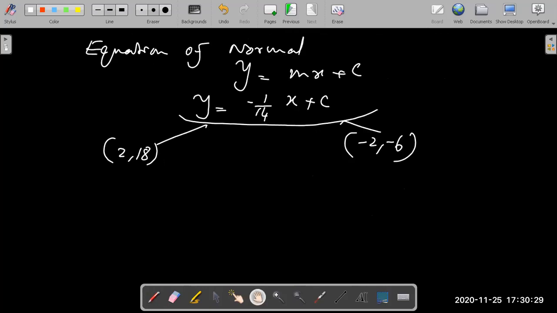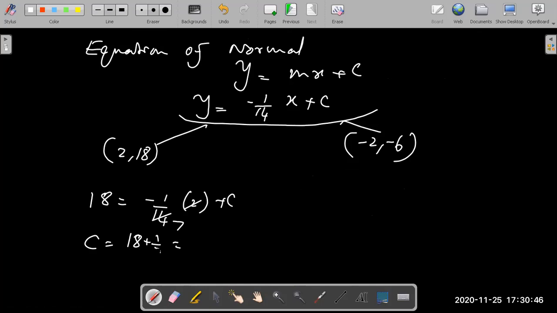When I substitute 2 and 18, I get 18 equal to minus 1 by 14 into 2 plus c. So 2 ones are 2, 2 sevens are 14, so c is equal to 18 plus 1 by 7. That's 18 1 by 7.